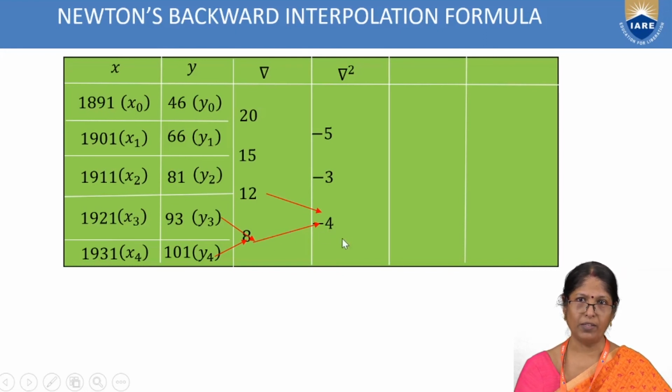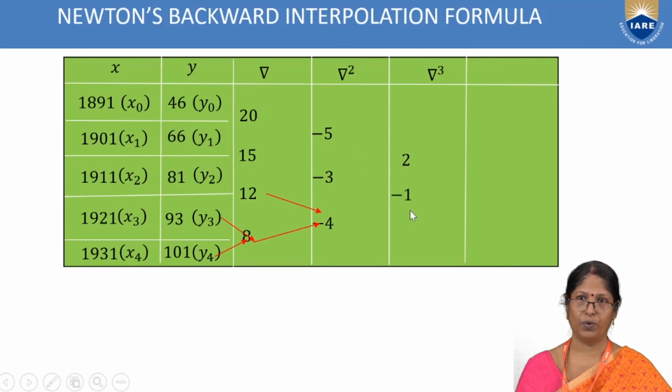Next, the third backward difference, that is minus 3 minus of minus 5. The students have to be very careful here. Minus 3 minus of minus 5, that is minus 3 becoming plus 5. When negative signs come, we have to check twice. We have to be very careful.